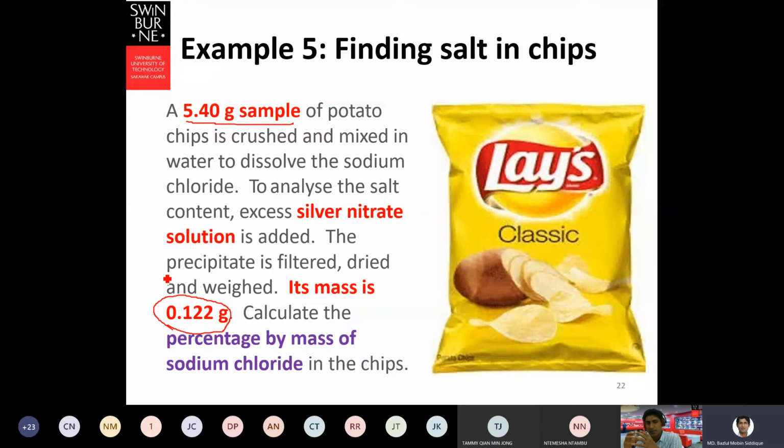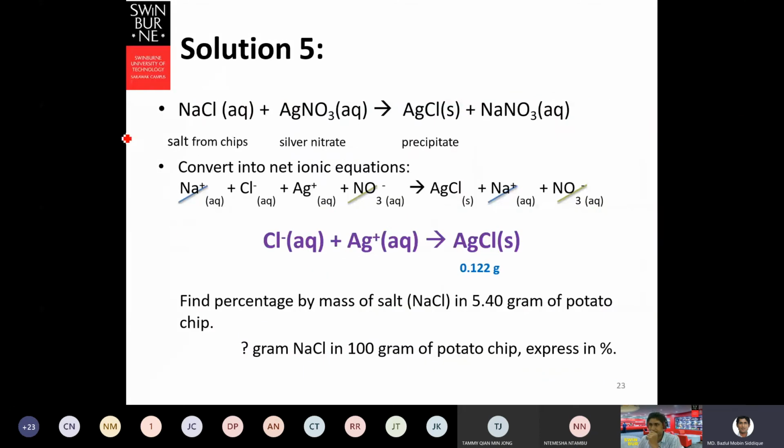It will not be clear for us unless we write the equation. When we see sodium chloride plus silver nitrate, and then it is producing silver chloride, it will be much easier for us to understand.